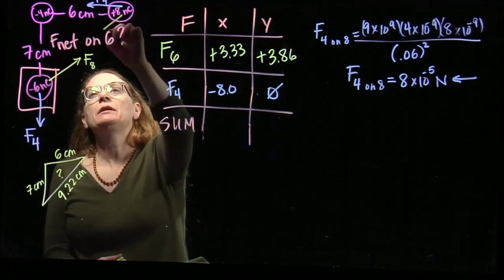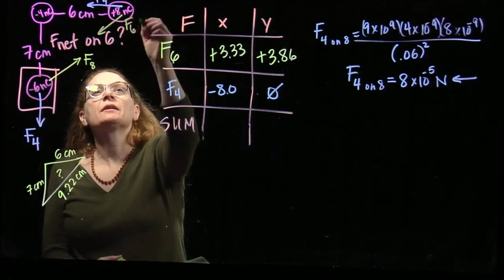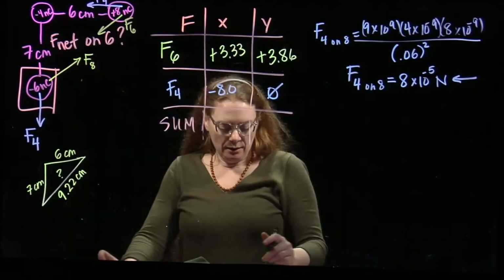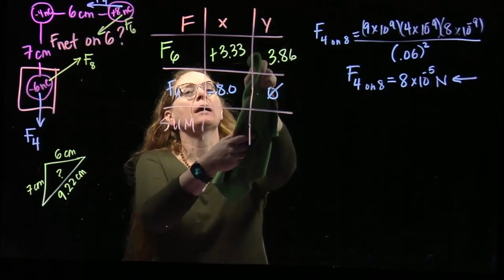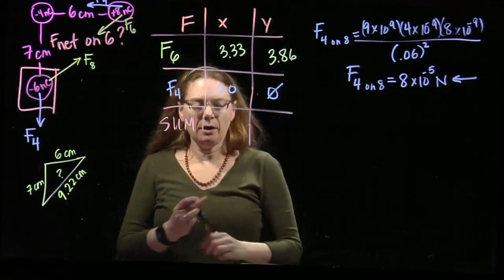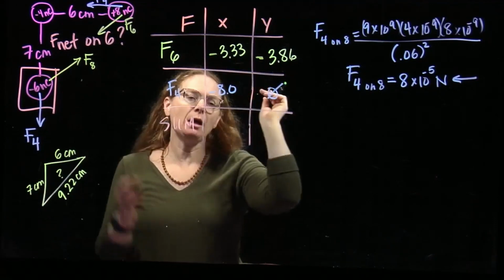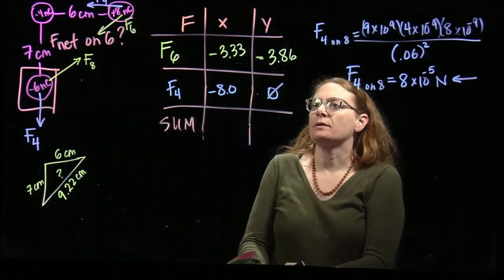It's attracting me down. Yep, which makes sense. It's got to be the opposite of this. So the force of the 6 pulling on the 8 is down and to the left. I know the numbers already. I just need to worry about the direction. Ta-da! That was easy.